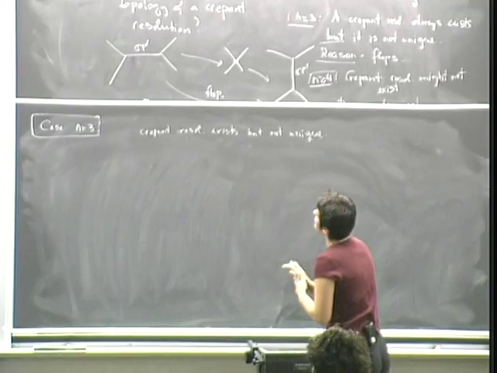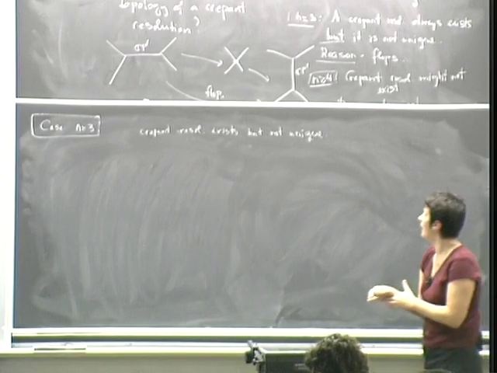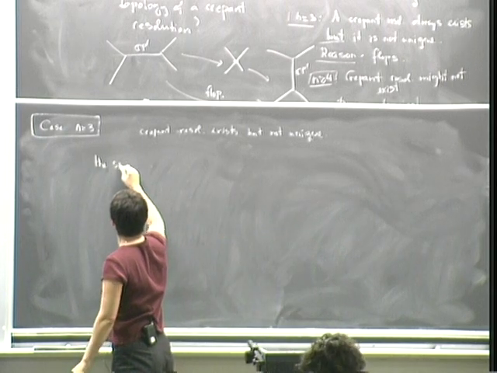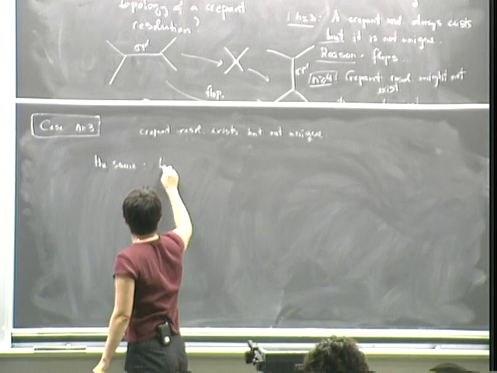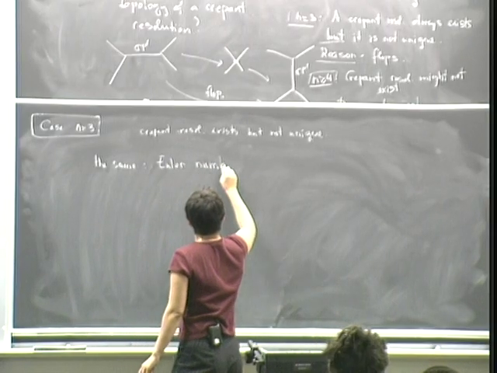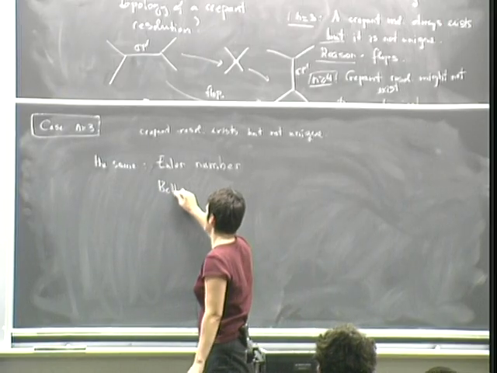However, these Crepant resolutions have a few things in common. It turns out that all of them have the same Euler number and the same Betti numbers.